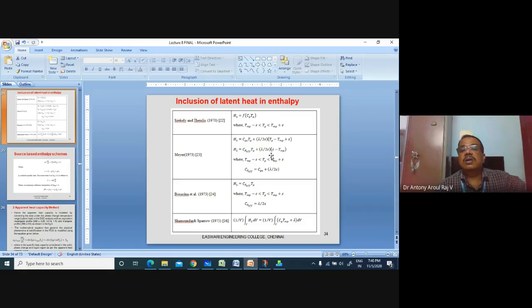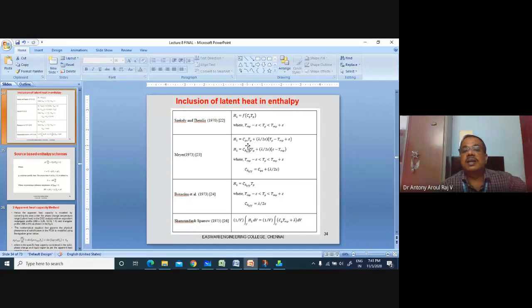Here also, Tp minus Tm plus epsilon divided by 2 epsilon represents the melt fraction, the liquid fraction. The liquid fraction multiplied by lambda will be the enthalpy value.